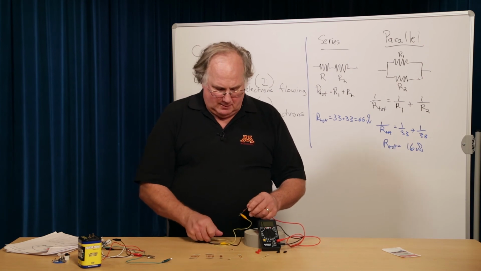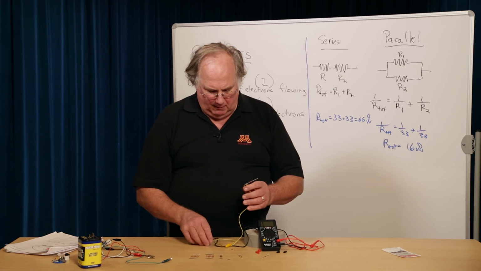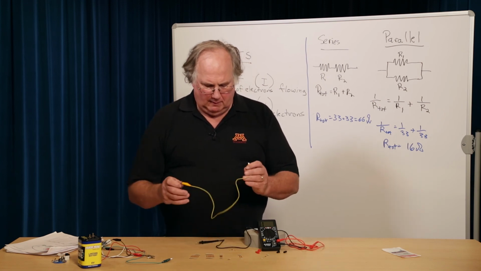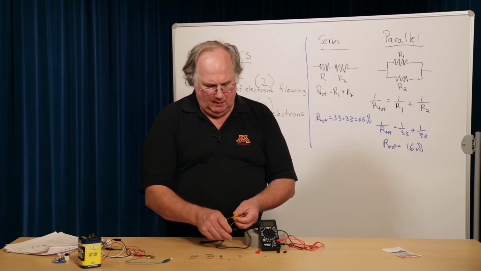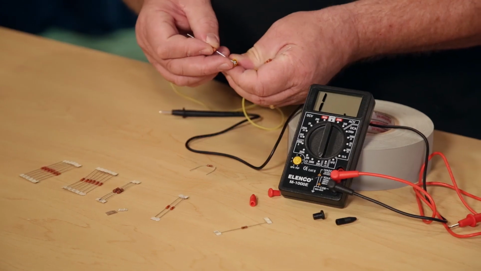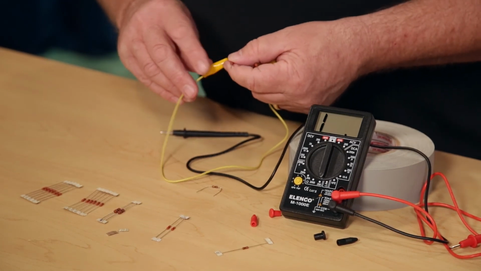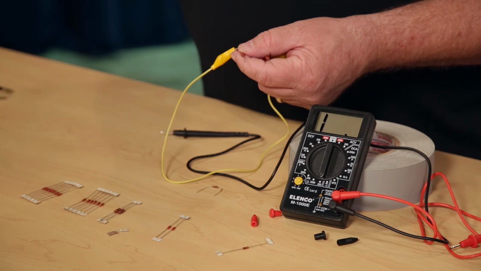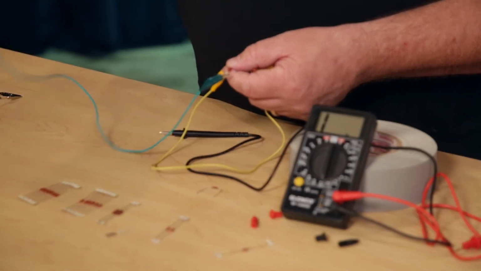That's a series connection. To make a parallel connection is a little bit more effort. A parallel connection means we have to connect the two at one end and then connect them again at the other end.